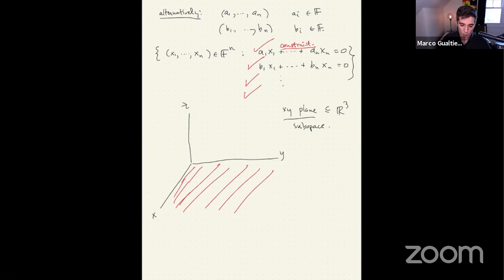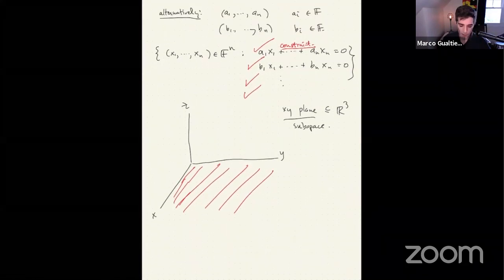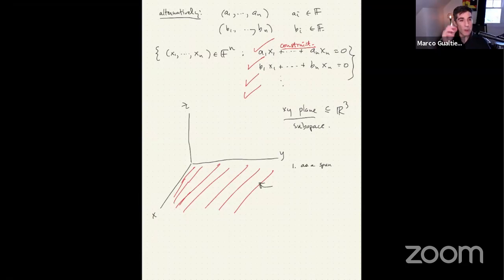Okay, so there's two options, fundamentally different options, to describe this subspace. Number one is as a span. Okay, and how would we do that? Well, you need to make some choice of spanning list. So I have to take two vectors in here.